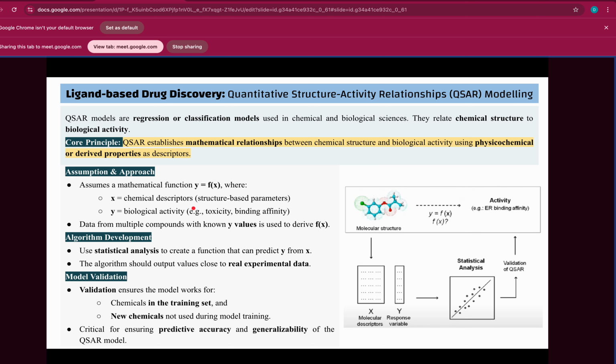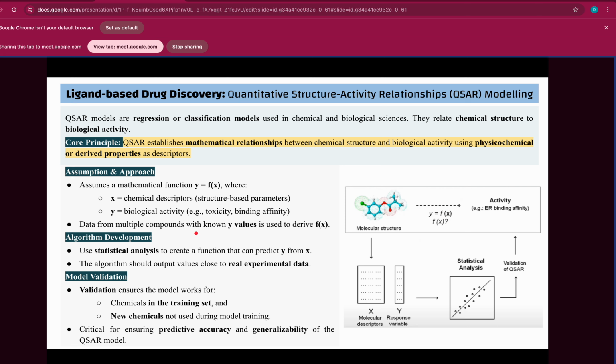X is the chemical descriptors, which is a structure based parameter, which has certain features that tell you what the structure is, such as hydrogen acceptor sites, hydrogen donor sites. So all those things come under the chemical descriptors.